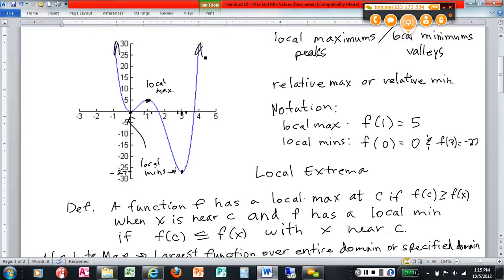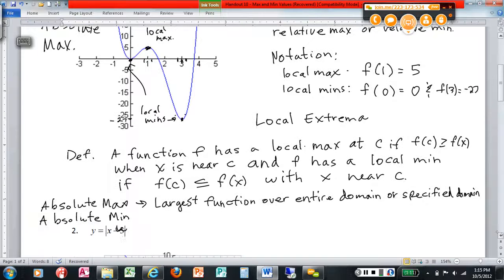Even though we have a local max, there's no absolute max because there's no greatest function value. You with me? Absolute max means it's for the entire domain. No, we won't put infinity. That's right.